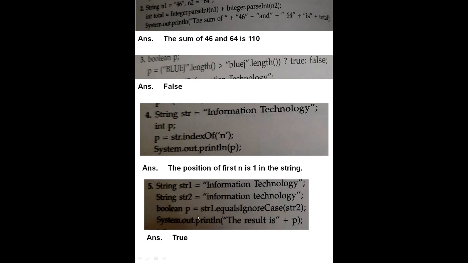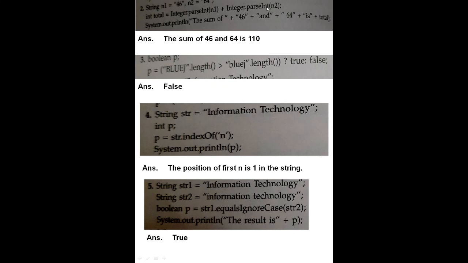Now next question. Suppose we have taken String N1 is equal to 46. These are numbers, but we are writing them in double quotes so they become a string. String N2 is equal to 64. In total, we first change these into integers by parsing N1 and N2. Now System.out.println the sum of 46 and 64.